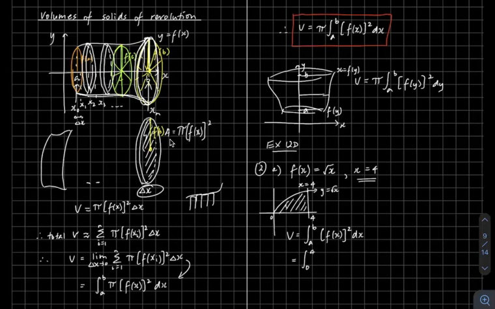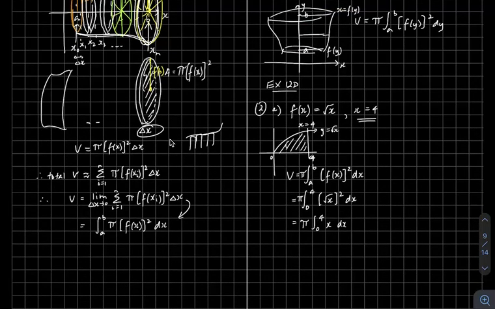The curve is root x, and I should remember my pi in there, that's important. This one works out nice and easy because the square of root x is just x. That's going to be equal to pi times x squared over 2, from 0 to 4.